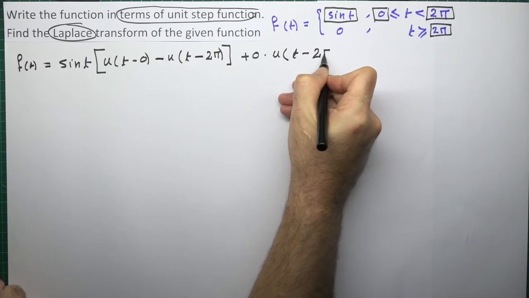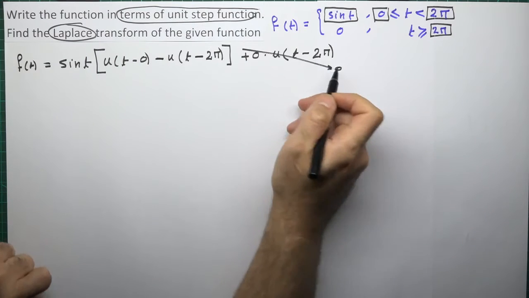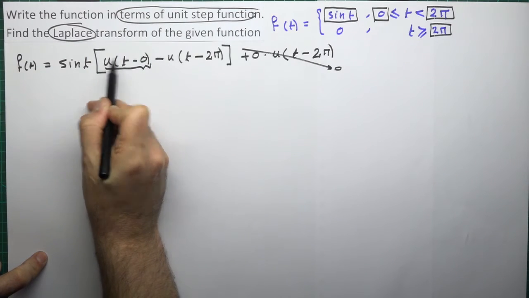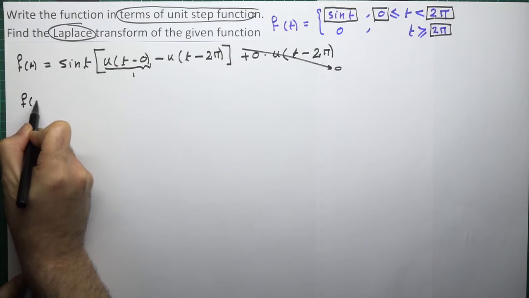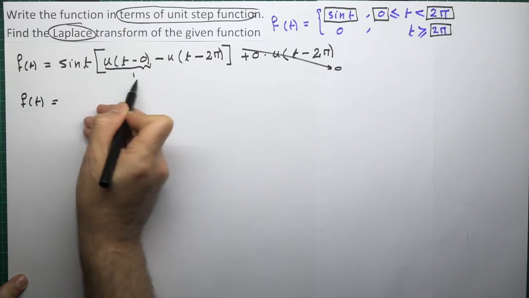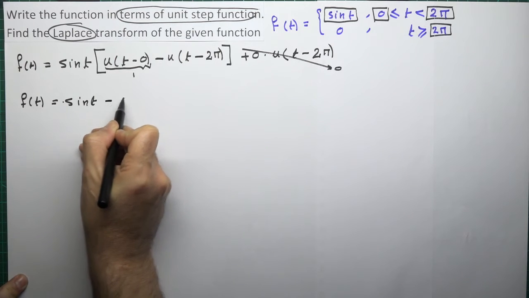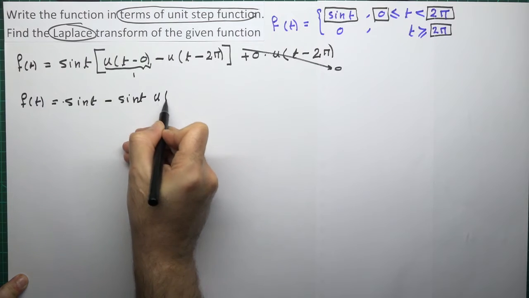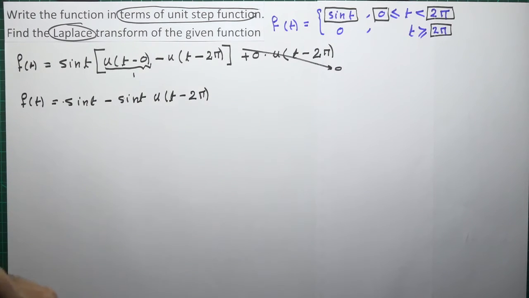We have here 2 pi. Unfortunately, the whole of this equals 0, and this part here equals 1. So it will be f of t equals sine t times 1, يعني sine of t minus sine of t times unit step function of t minus 2 pi.